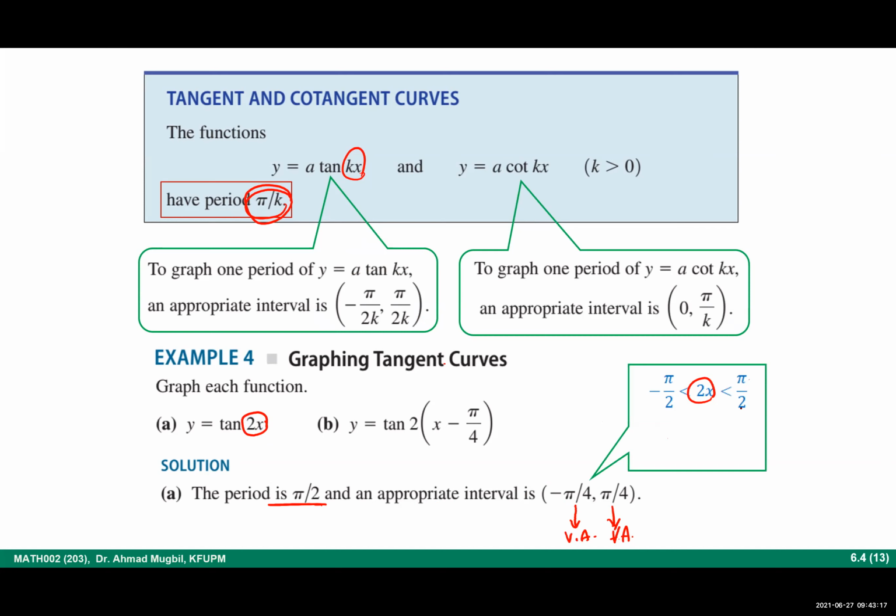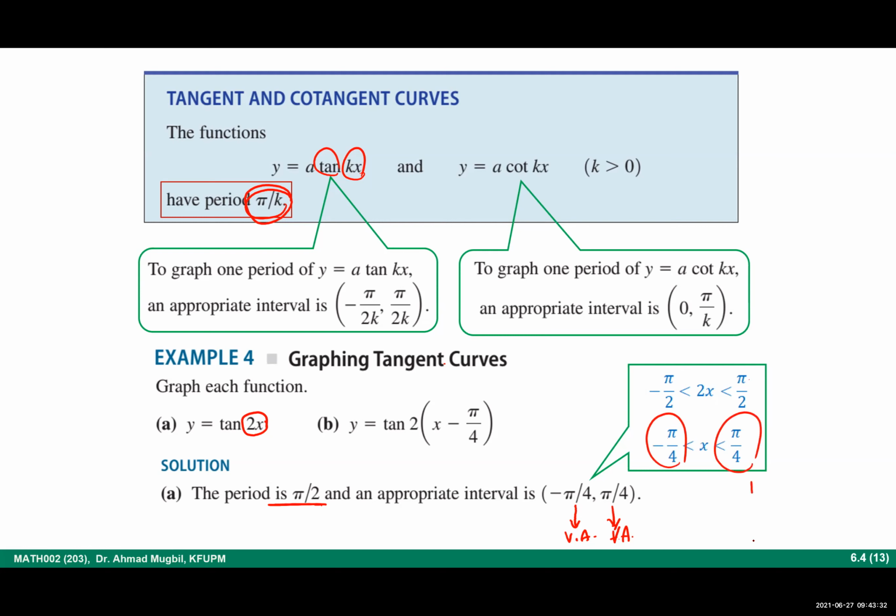Why negative pi over 2 and pi over 2? Because we are talking about tangent. If it was cotangent, we would put it between 0 and pi. Solve this for x, you will divide both sides by 2. So these are the first two vertical asymptotes.